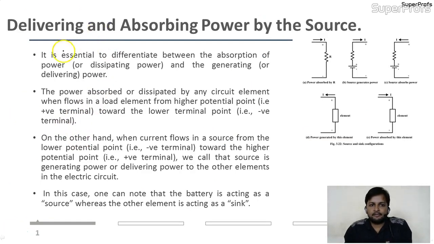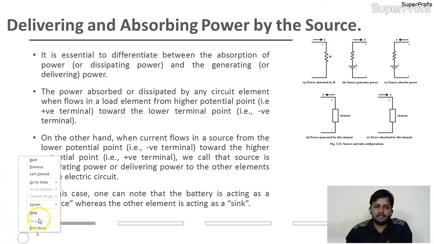Come to the next topic, and this is the last topic of the unit, delivering and absorbing power by the source. See friends, I'll tell you first what power is, and then we'll come to the absorption and delivery of power. Power is nothing but V into I. This is the mathematical term.